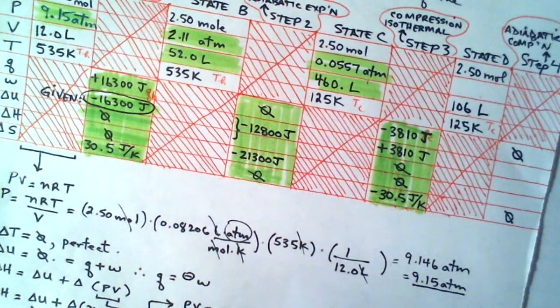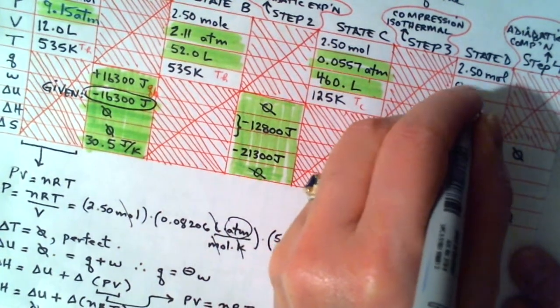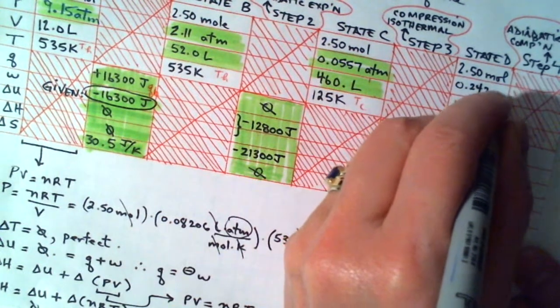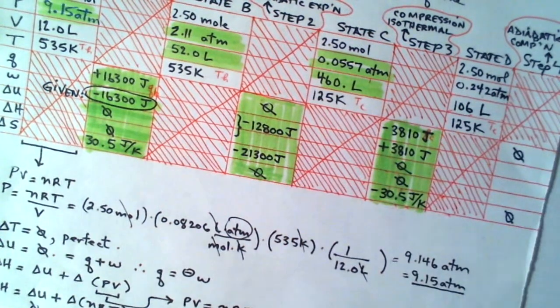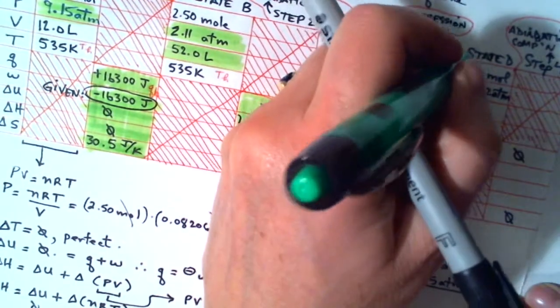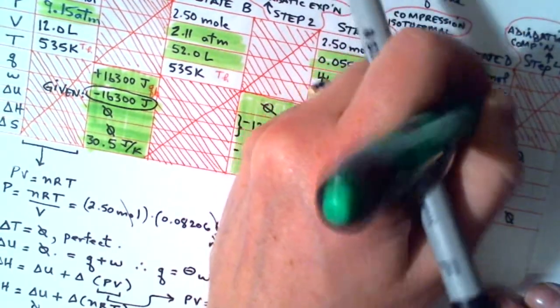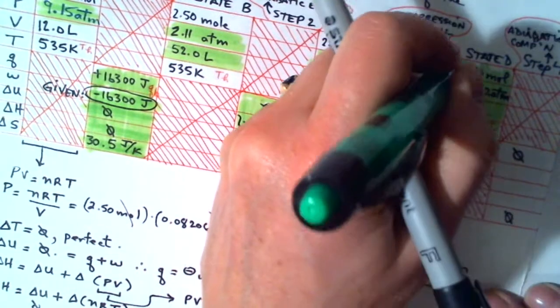I'm looking for pressure. I think it's 0.242 atmosphere. Just PV equals nRT almost to get that result.